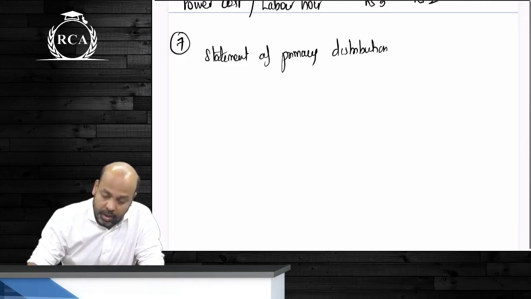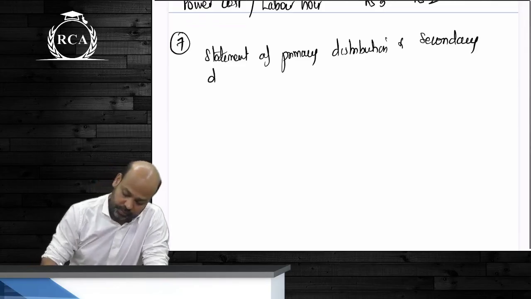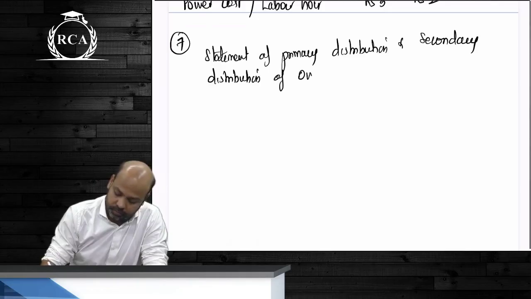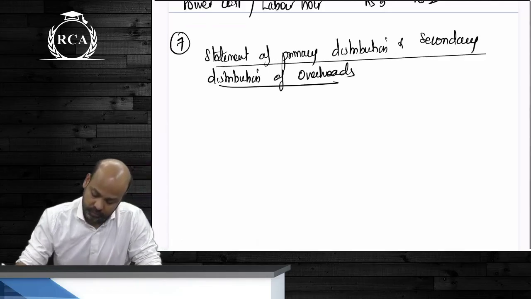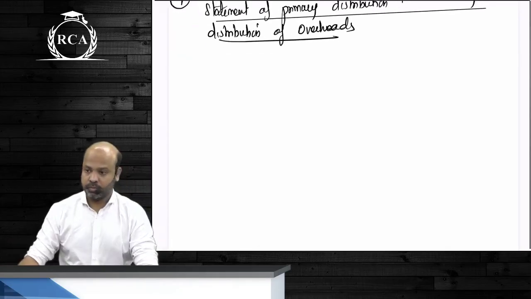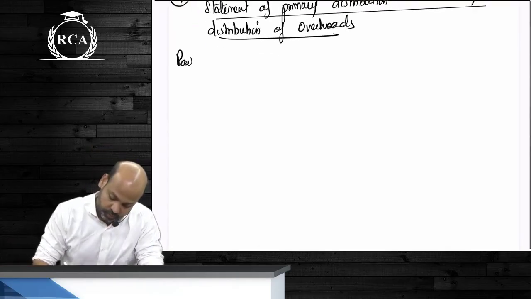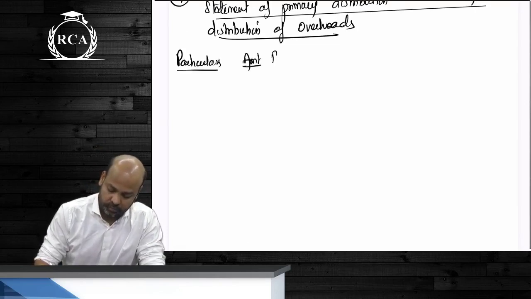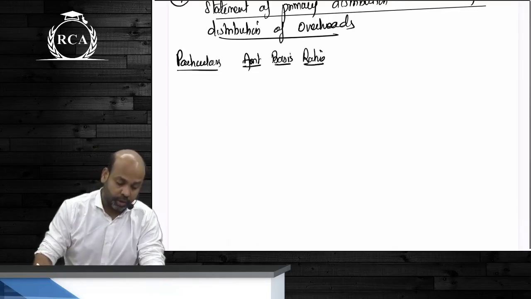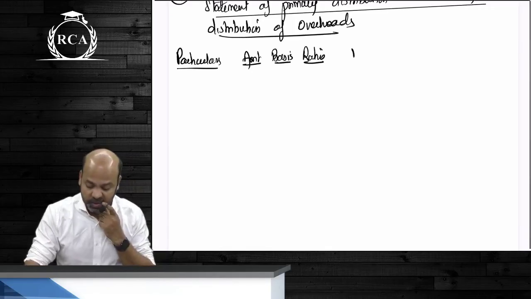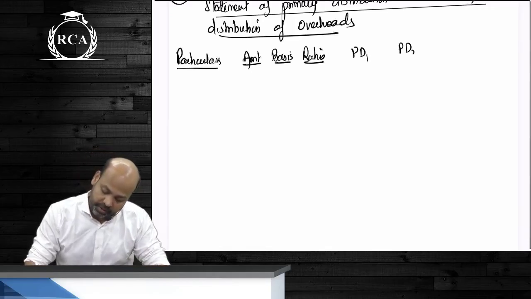Statement of primary and secondary distribution of overheads. प्रोडक्शन डिपार्टमेंट्स के नाम क्या है? वही PD1 PD2 ना. PD1 PD2 SD1 and SD2.